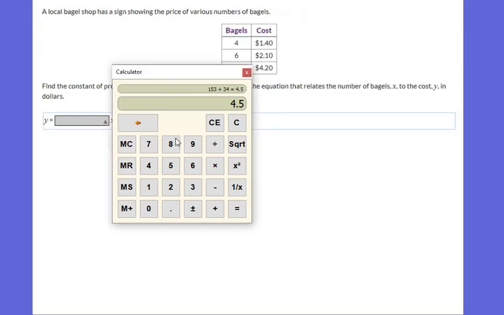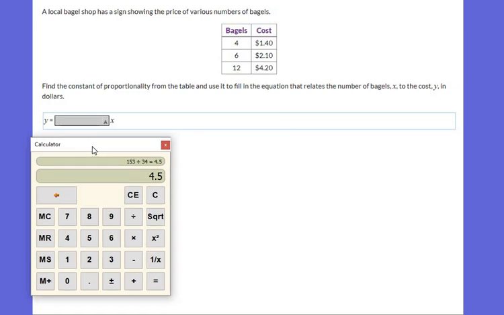All right. A local bagel shop has a sign showing the price of various numbers of bagels. 4 cost $1.40, 6 cost $2.10, 12 is $4.20. Find the constant of proportionality from the table and use it to fill in the equation that relates the number of bagels x to the cost y.